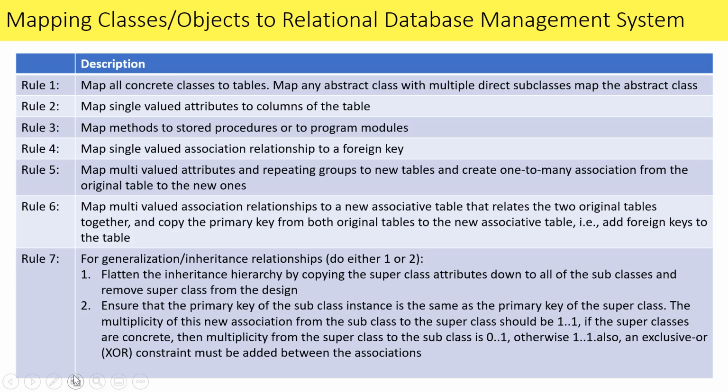Do you remember in the class diagram, we have abstract classes and concrete classes? Concrete classes are classes that we can instantiate objects from. Abstract classes are mainly used for inheritance. So for each concrete class, you need to create a table.